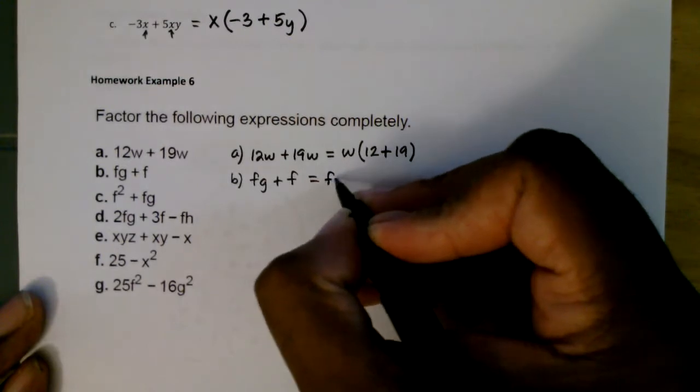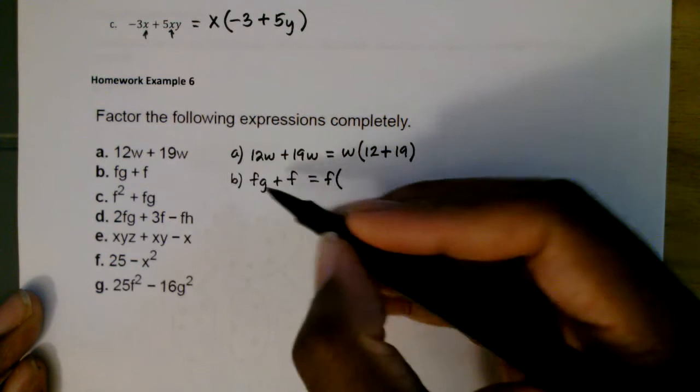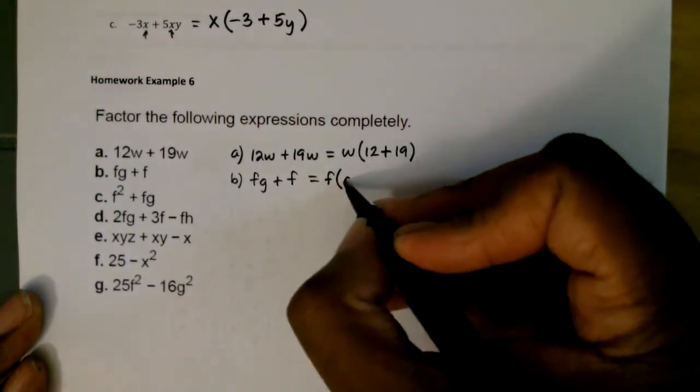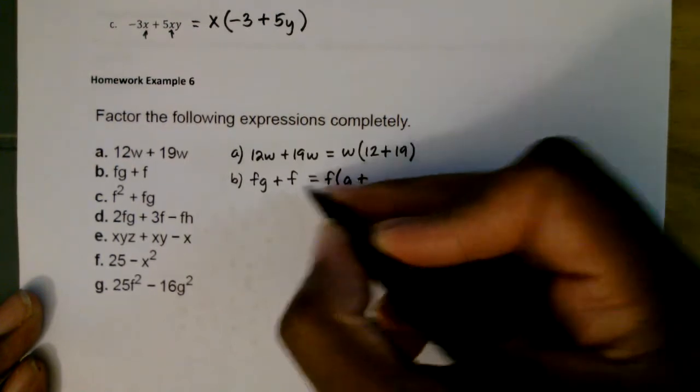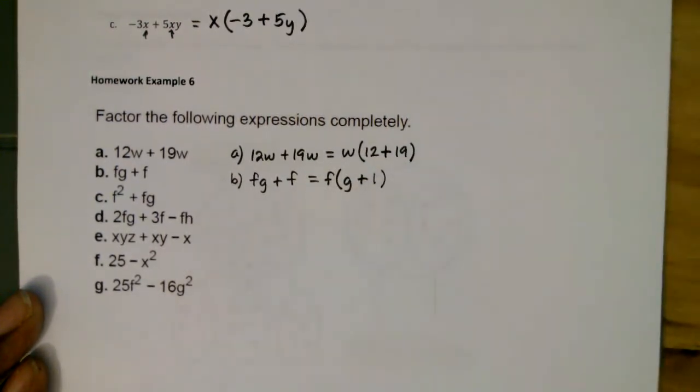So the common factor will be on the outside of the parentheses, the f. If I do fg divided by f, I'll be left with g. And then plus f divided by itself would be 1. So it'll be f times the quantity g plus 1 when we factor this out completely.